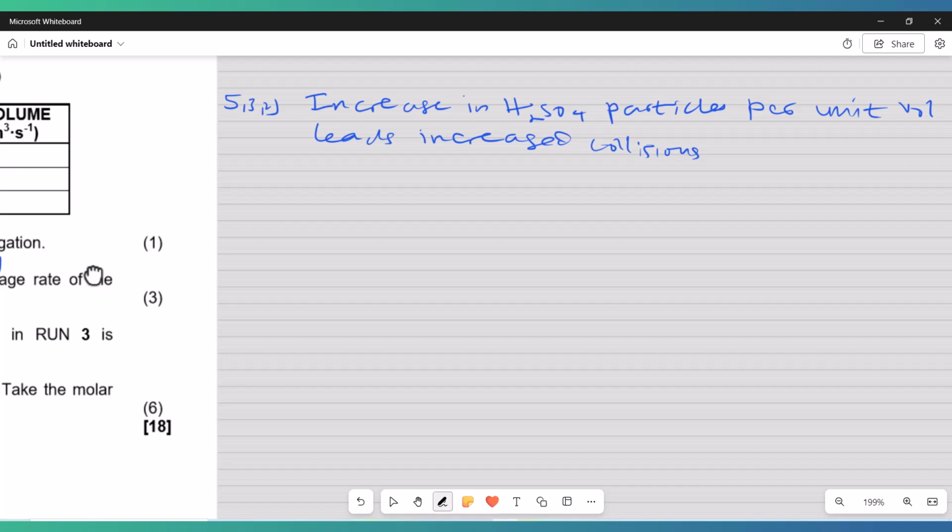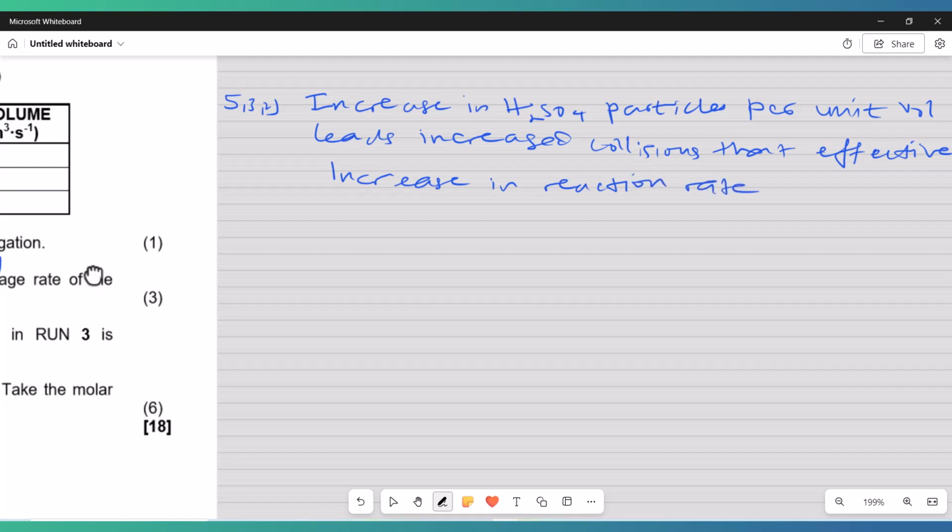Now because these are effective collisions, what do we get in return? We get an increase in the reaction rate.